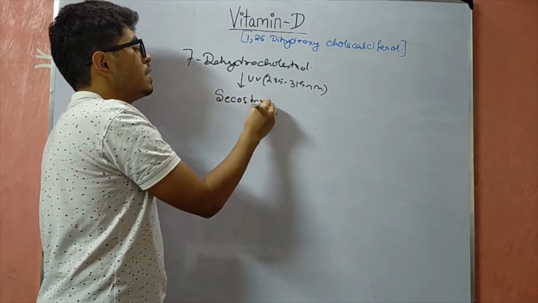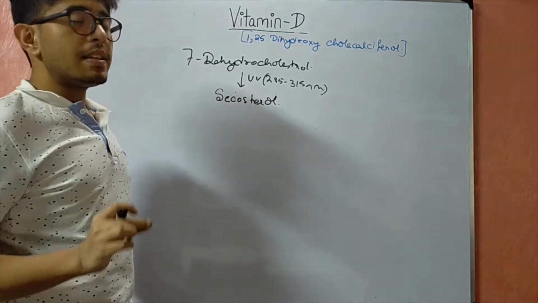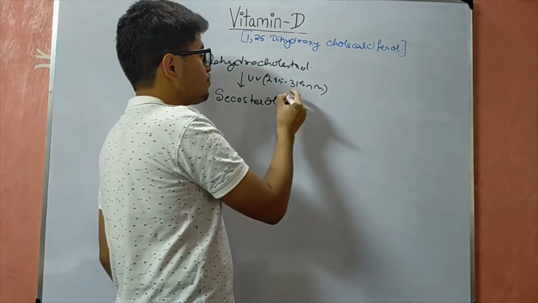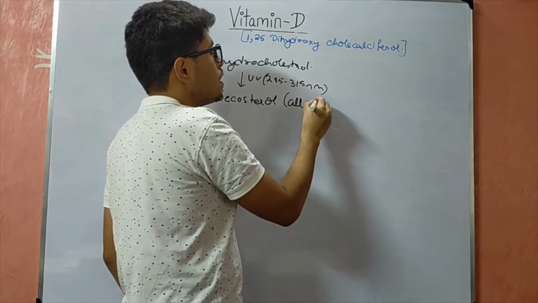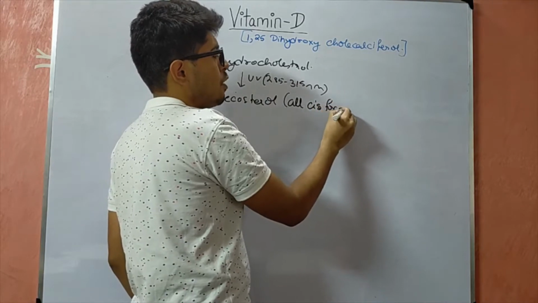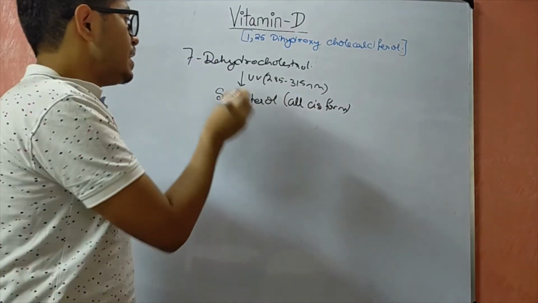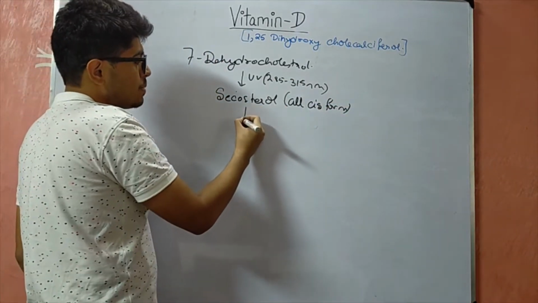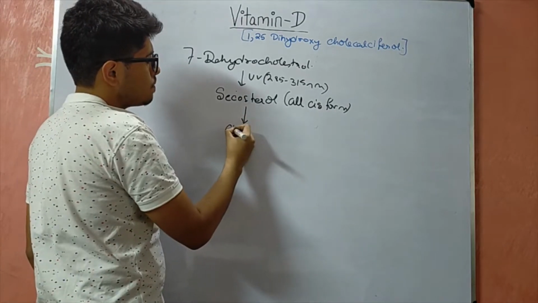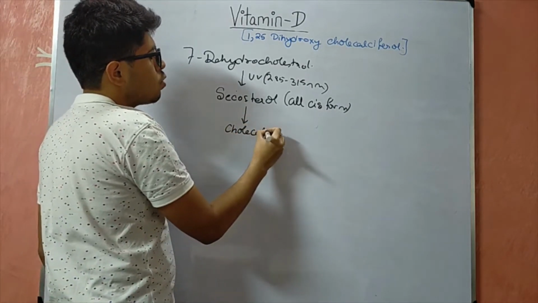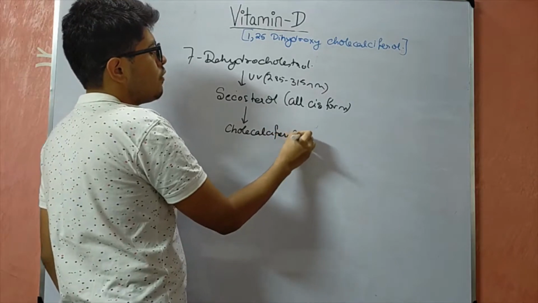sequesterol. Sequesterol is basically present in the all cis form. Then this sequesterol is transported into cholecalciferol.